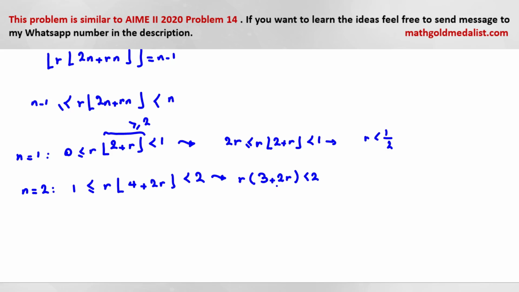If you apply this, what can we conclude? 3r plus 2r squared less than 2. 2r squared plus 3r minus 2 less than 0, right? So what are the roots? r is 1/2 and negative 2.